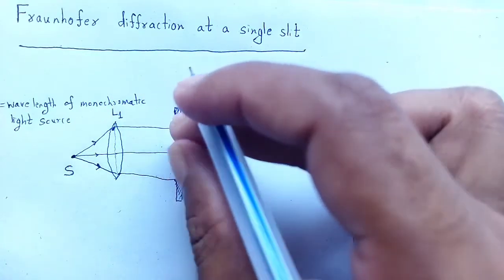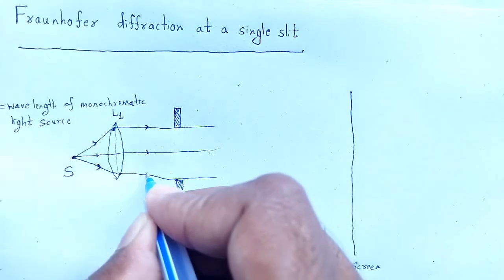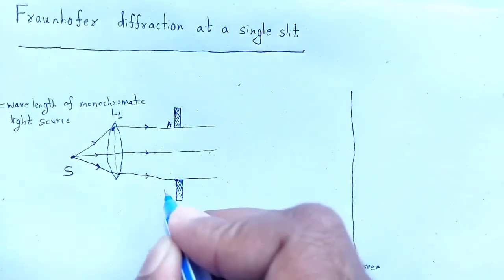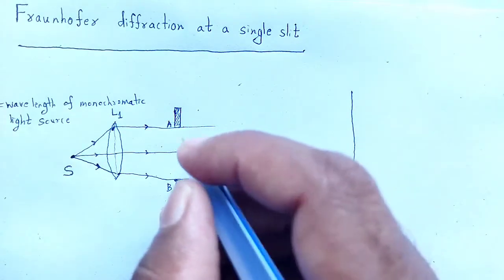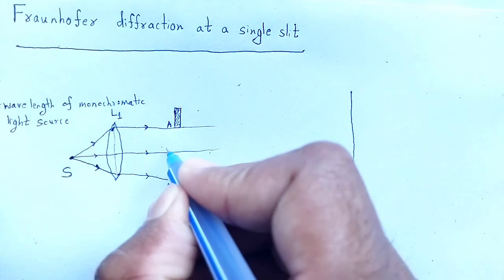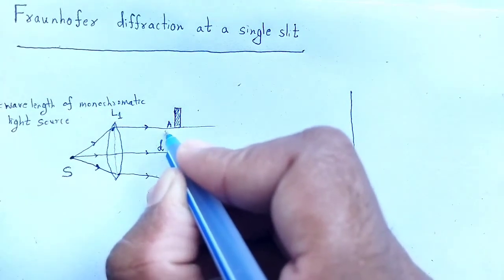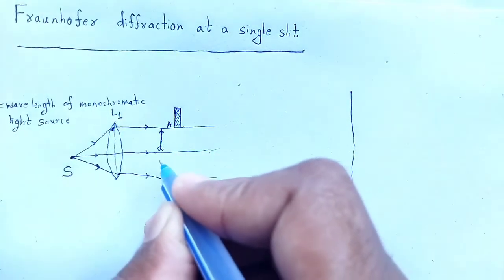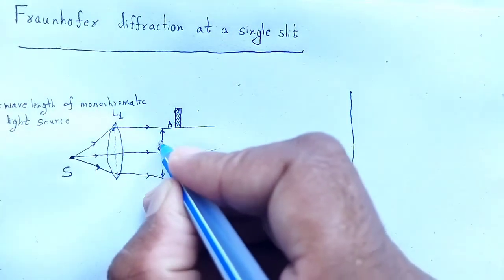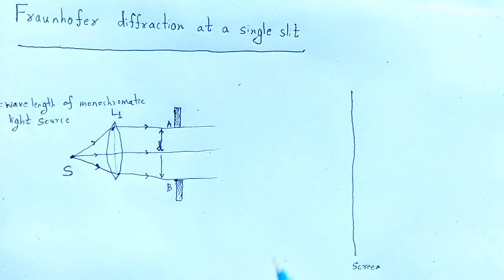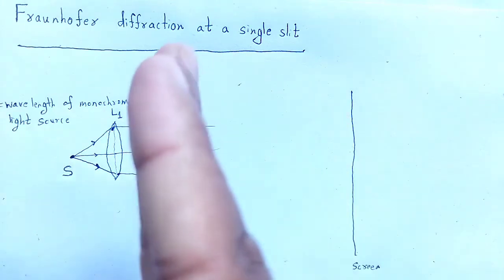That narrow slit is named AB, having width d, the distance between the edges of the narrow slit. The width is placed perpendicular to the plane of this paper.